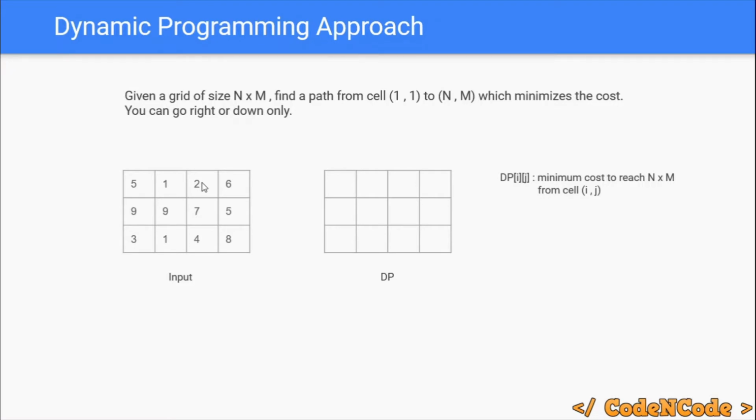It depends upon what cost this would give you and what cost this would give you if you choose this or this. So again, to make a decision for this cell, we must know the cost of the path from here to destination and the cost of the path from here to destination. Every single cell depends on some other cell.